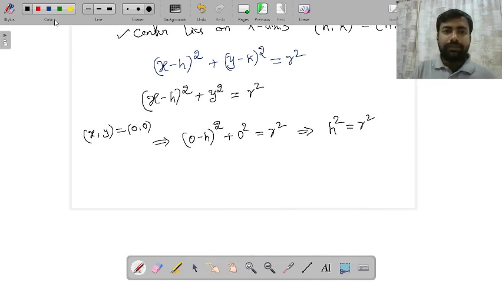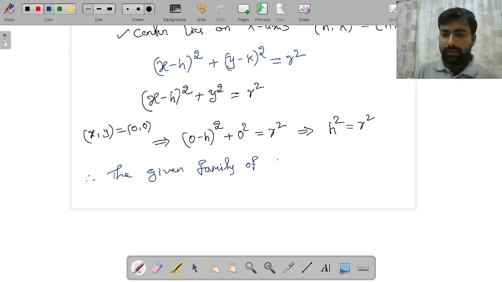Therefore the given family of curves are nothing but x minus h whole square plus y square equal to h square.